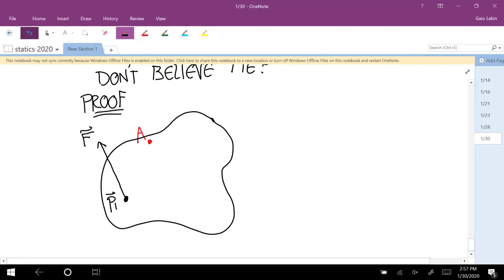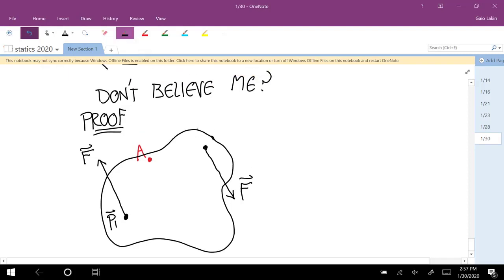And then somewhere else on the body, I'll apply an equal and opposite force. So those are parallel, but it's going the other direction. That's also F, and the point where that force is applied is P2. And just to be careful with the notation, those magnitudes are the same, but if you're representing this in components, that vector I'm going to call negative F. Okay.